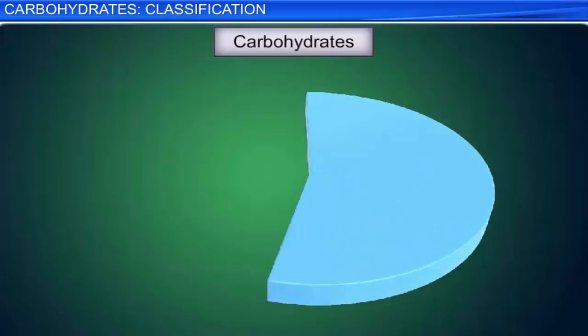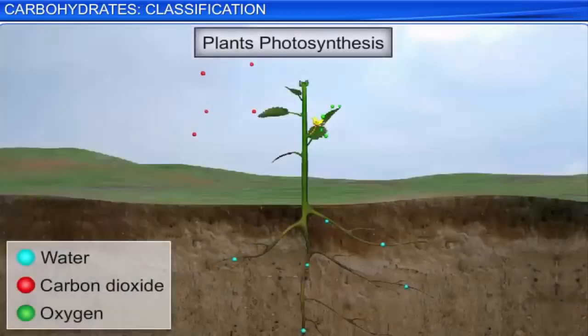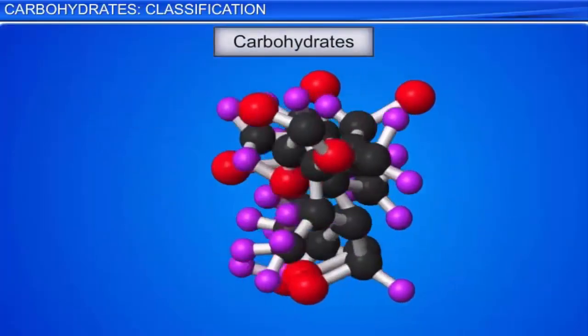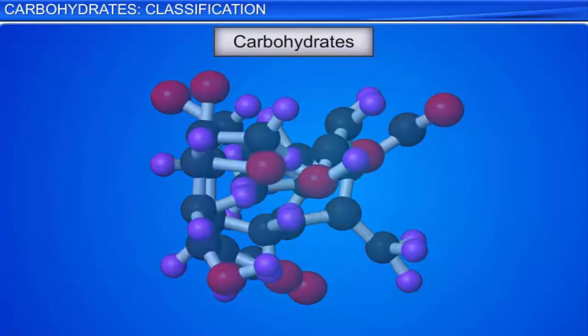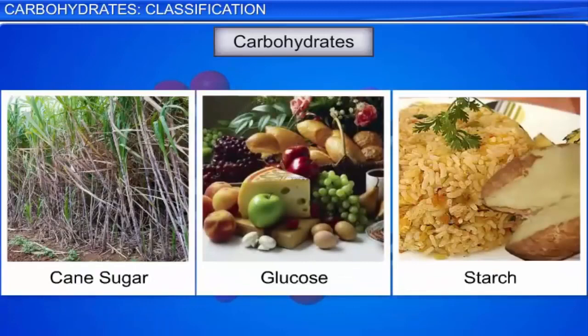Carbohydrates constitute a very large group among various naturally occurring organic compounds. In nature, they are primarily produced by plants during photosynthesis. Some common examples of carbohydrates are cane sugar, glucose, and starch.